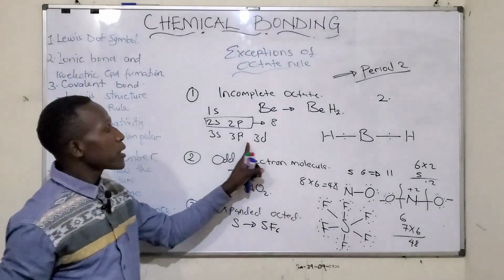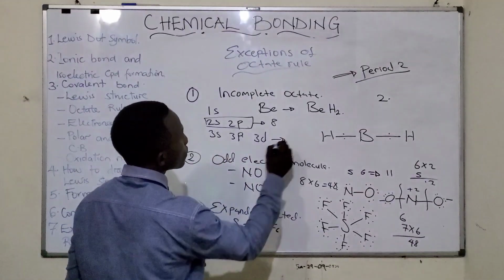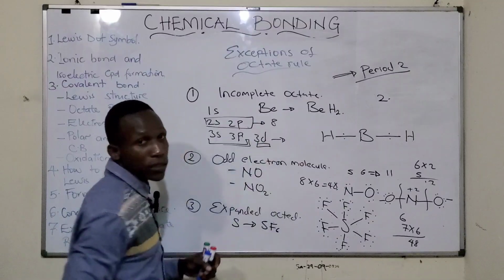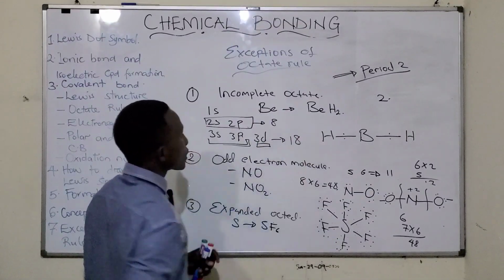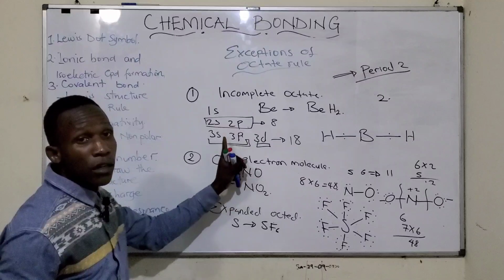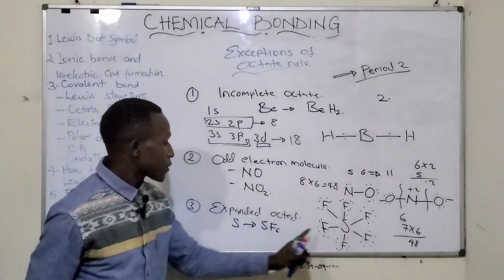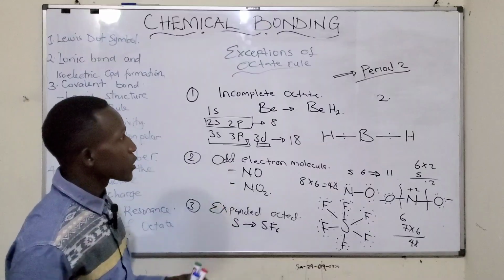But the maximum number here can go up to 8, and we add these ones, which are 10. So they are 18. Meaning that sulfur can expand its orbital. That's why it doesn't obey the octet rule.